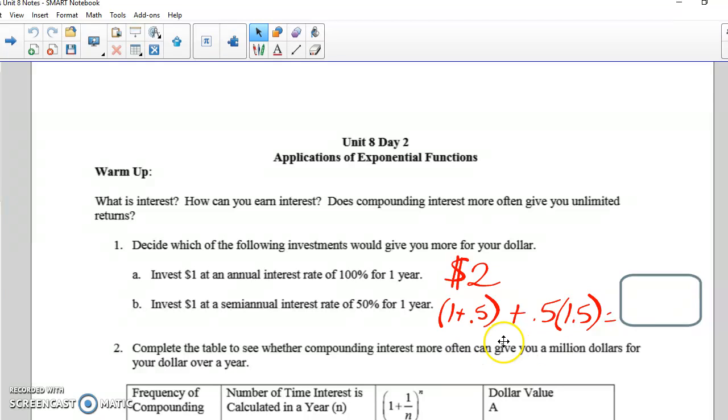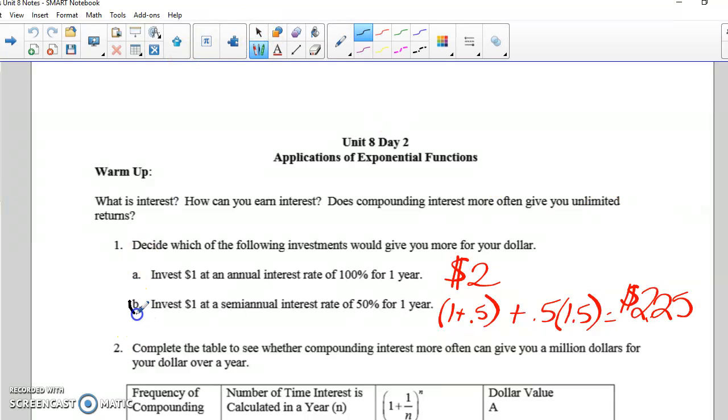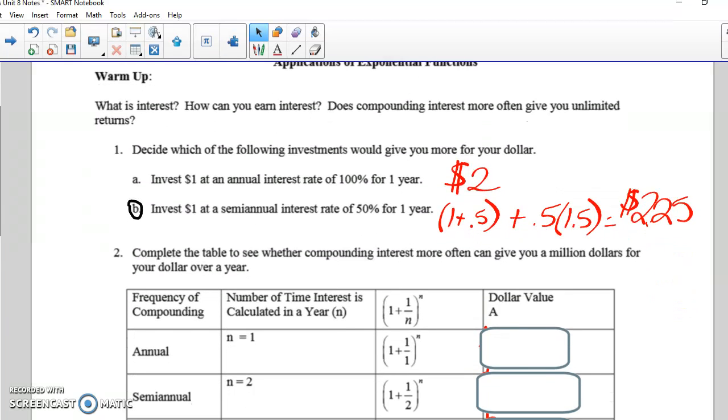So this is our first half, how much we would have, $1.50, and then this is the second half, we would gain another half of 1.5, so we would end the year with $2.25. So that shows us that indeed option B is going to be the better option. We compounded semi-annually more often and got more money.